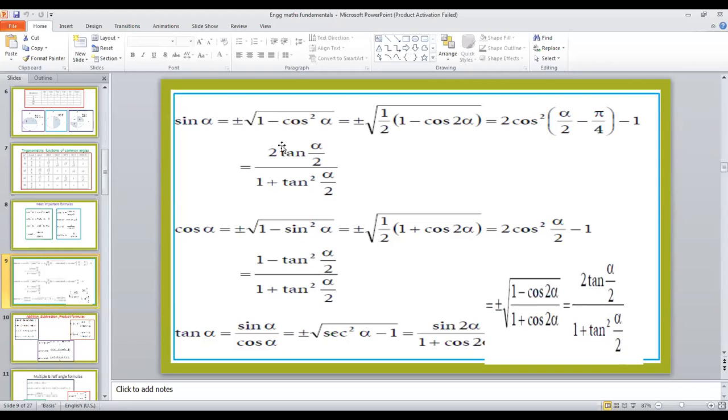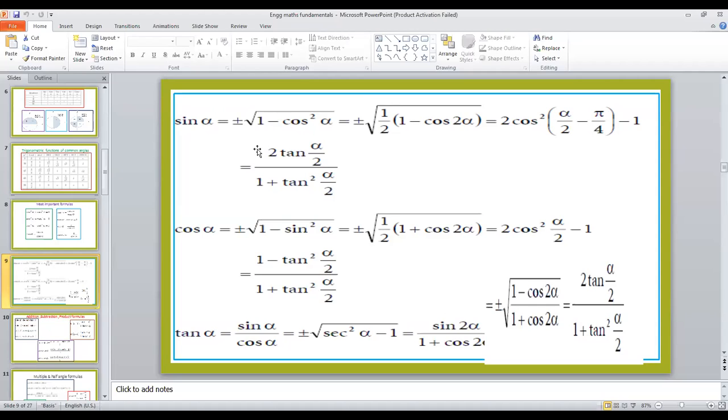Do you know the formula for 1 minus cos alpha? It is 2 sin square alpha by 2. It is also written as 2 cos square alpha by 2 minus 1. So as usual, we are using the first formula, not the last two formulas. So how to express sin alpha in terms of tan?